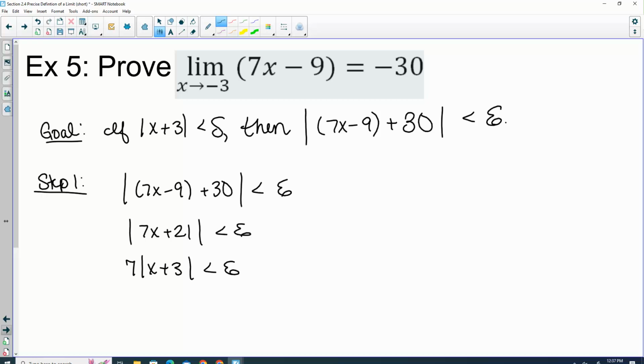And then what would you do? Okay, so this is what I wanted because I have the x plus 3 and that was an x plus 3. So I know I'm on the right track. So once I have that same absolute value, now I know that delta has to be epsilon over 7. Do we see that?